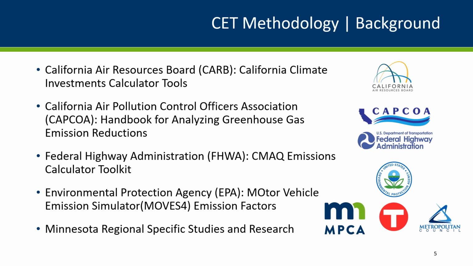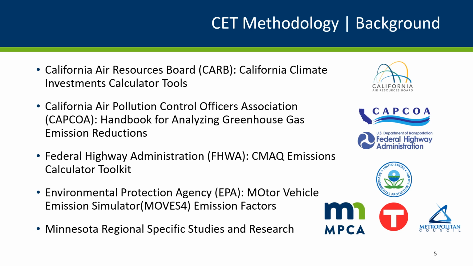In developing the tool, several authoritative sources were used to develop the calculations for emission reductions. Two of the main sources are CARB's CCI tools and the CAPCOA handbook. Both are used for calculating project-level and community-level emission benefits and evaluating cost-effective investments in GHG reduction.